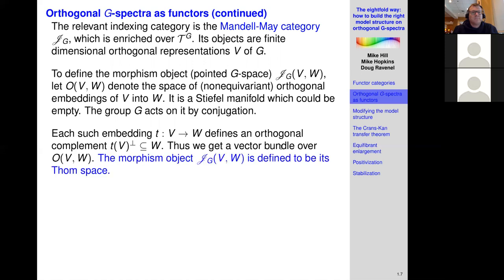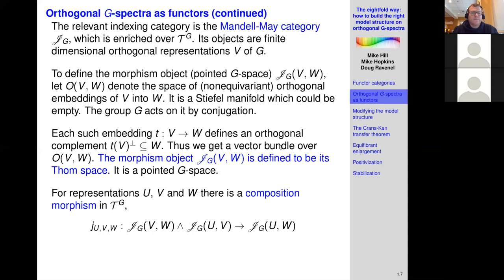And that vector bundle has a Thom space, and that is our morphism object. The fibers in the vector bundle are orthogonal complements of orthogonal embeddings. And it is also a pointed G space. G acts on it by conjugation.